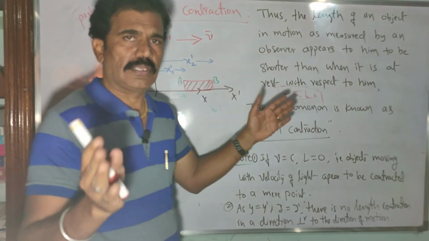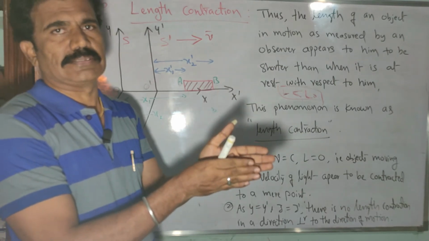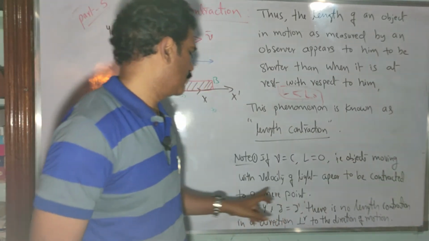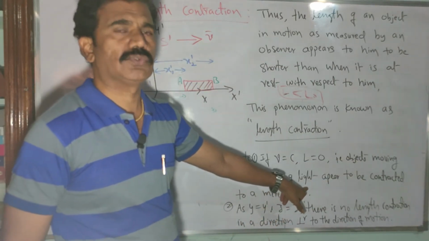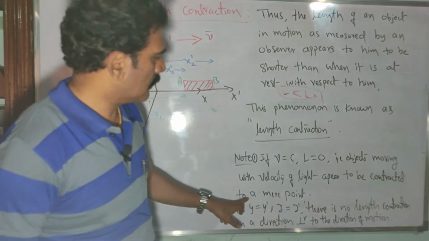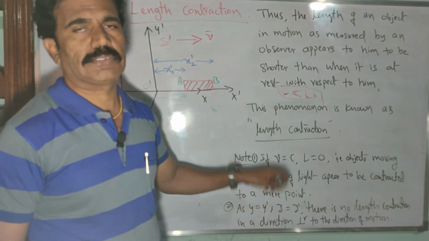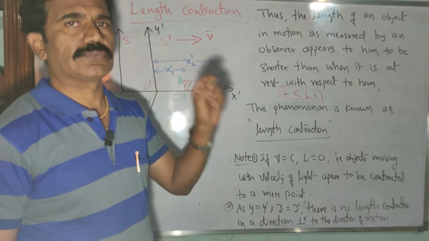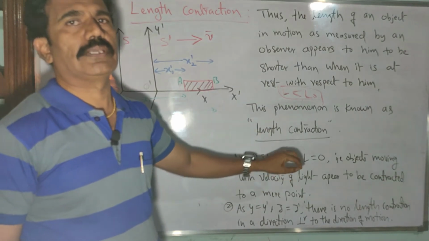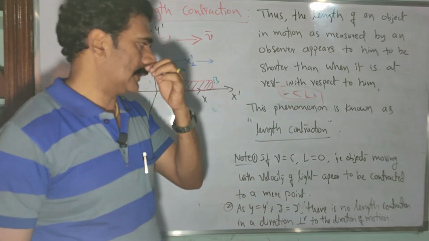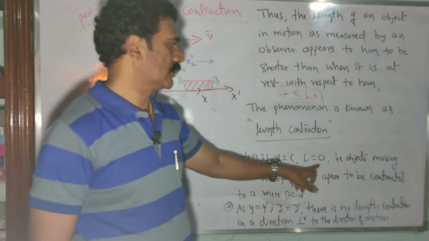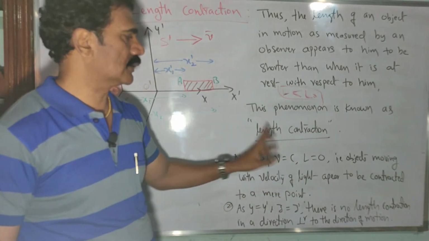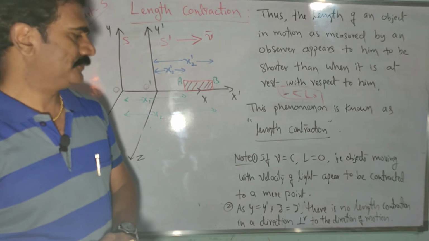So it is almost like a point size, right? The object moving with the velocity of light appears to be contracted to a mere point. That is also possible, theoretically, according to the Lorentz transformation. So L can be equal to 0 if the object is moving with the velocity of light c.